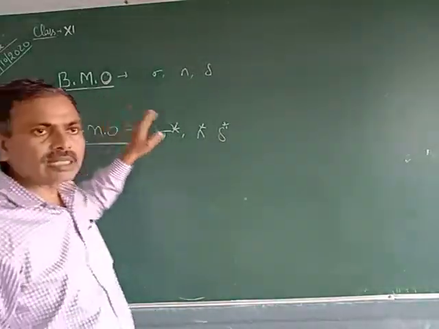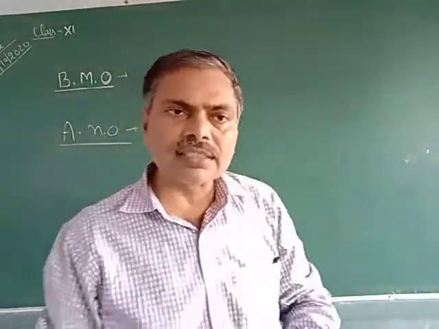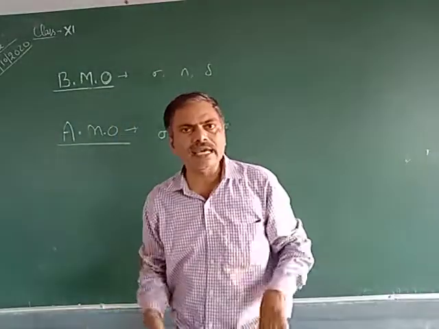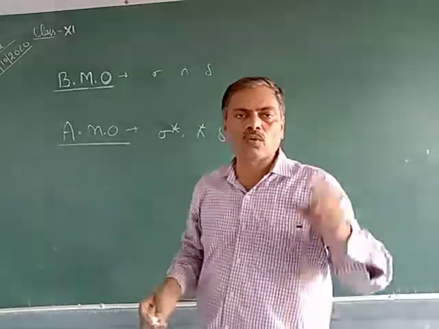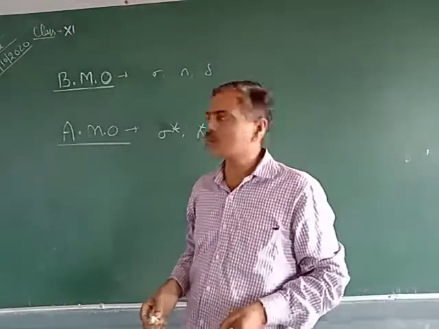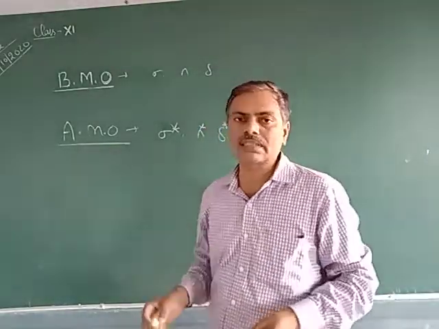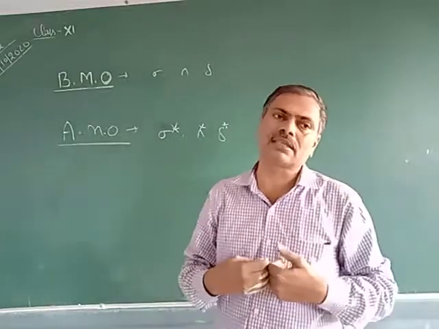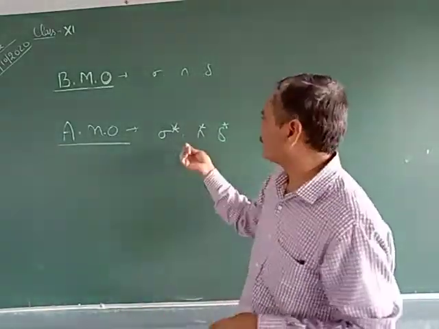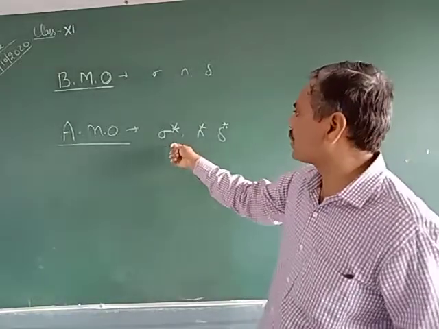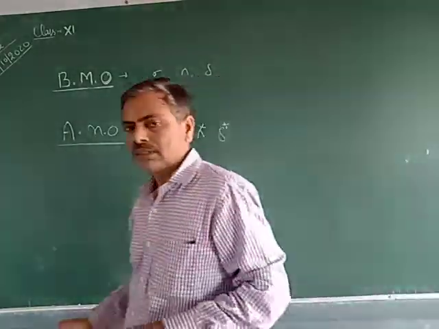Bonding molecular orbitals have less energy and high stability, and they are represented by sigma, pi or delta. While anti-bonding molecular orbitals have more energy, less stability, and are represented by sigma star, pi star or delta star.